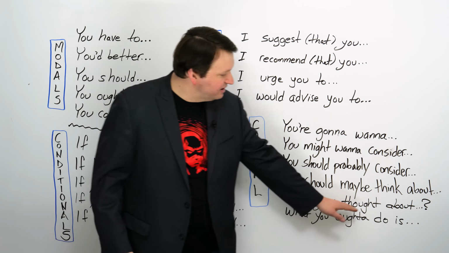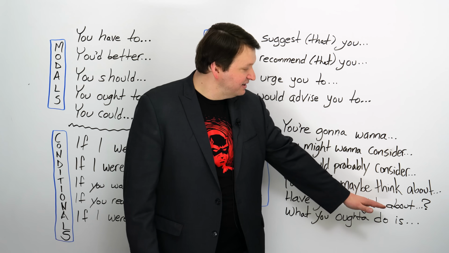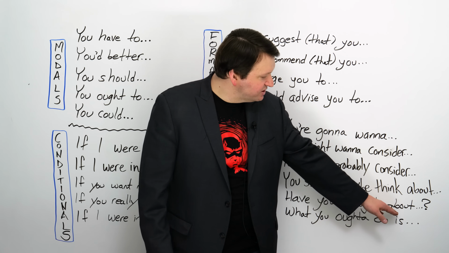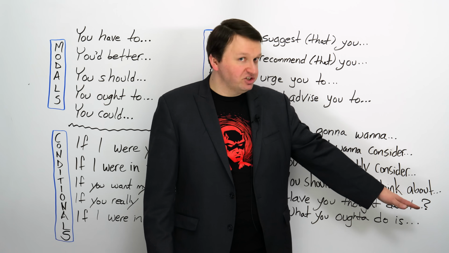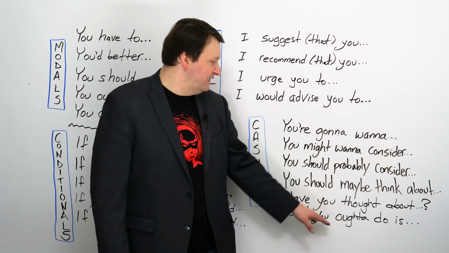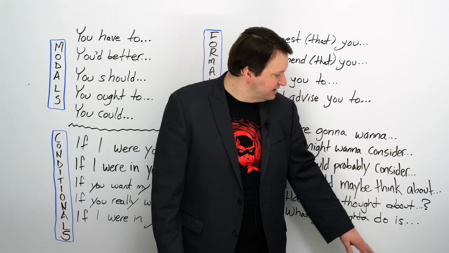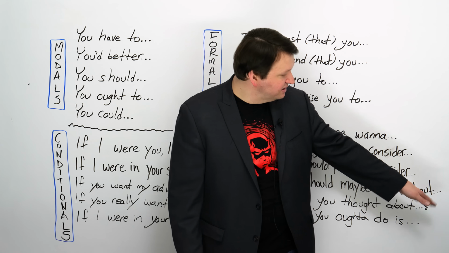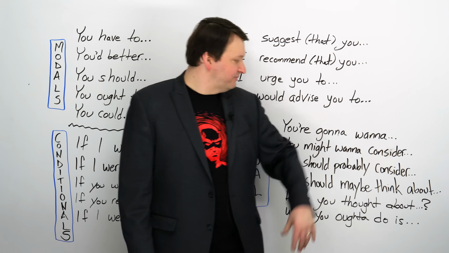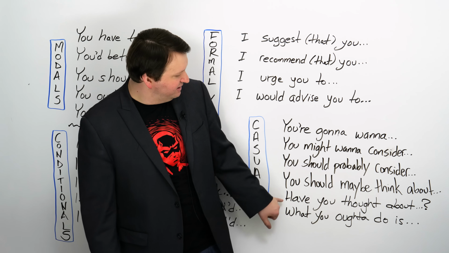Okay, and here, think about, thought about. Because you have a preposition, make sure you follow this with verb ing, a gerund, right? Hey, have you thought about trying something different? Or you should maybe think about eating less, for example, or eating less junk food.